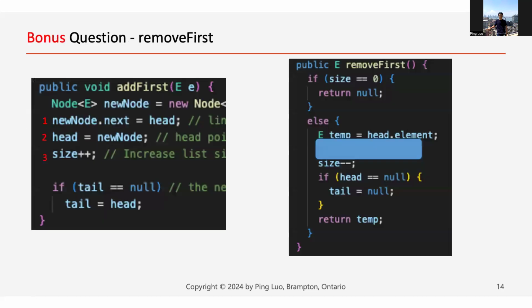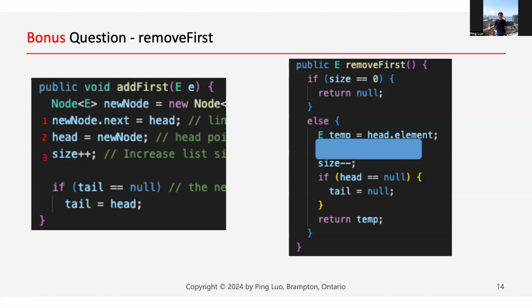Let's see a bonus question. We have seen the script to add a node from the beginning, and this is the script for add first. We save the head, create a new node, and increase the size. Then how about remove first? You can see this code is incomplete.